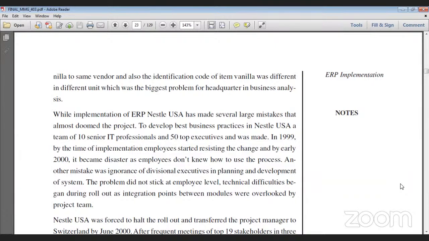To develop the best business practice in Nestle USA, a team of 10 senior IT professionals and 50 top executives was made. In 1999, by the time of implementation, employees started resisting the change, and by early 2000 it became a disaster as the employees did not know how to use the process.